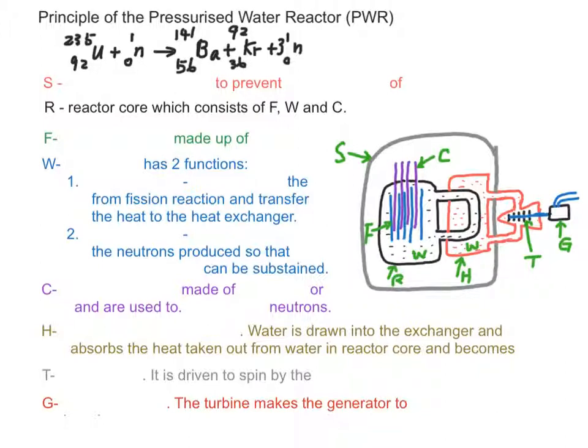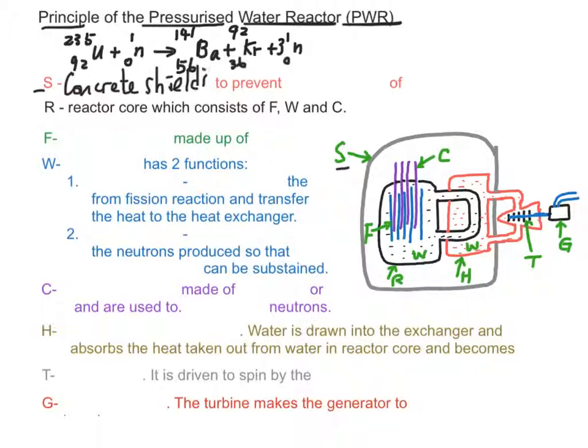Let's look at the principle of the pressurized water reactor, PWR. Refer to the diagram. S is the concrete shielding, which is used to prevent the leakage of radiation.